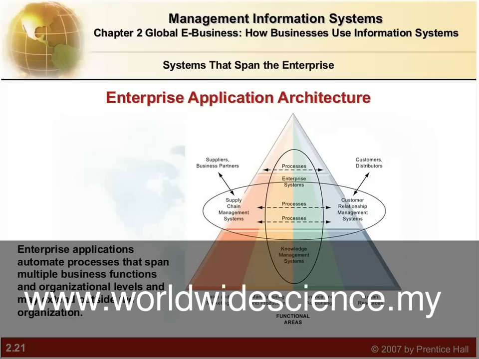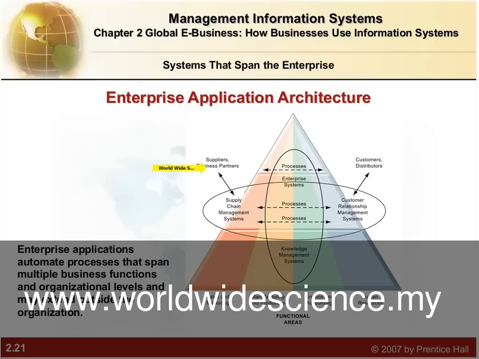And also at the bottom side, you can see sales and marketing, manufacturing and production, finance and accounting, human resources. These are all functional areas. We talked about them. We brought some examples of these kinds of systems. These are functional systems.